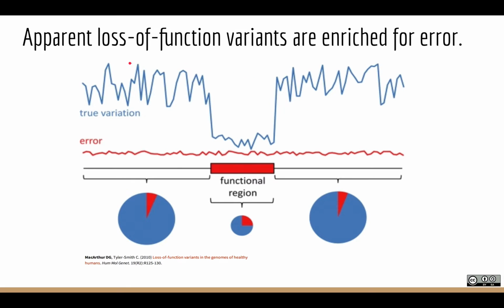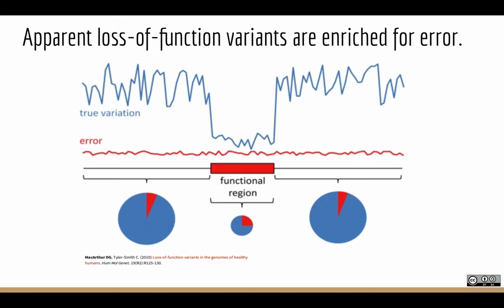And then there's this other rate, which is the rate of true genetic variation in the system that we're studying, in this case, in a proband, in a kid. And what this is illustrating is that the true rate of variation actually drops in coding sequence, because coding sequence is going to be under stronger purifying selective pressure than changes that are not in coding sequence.